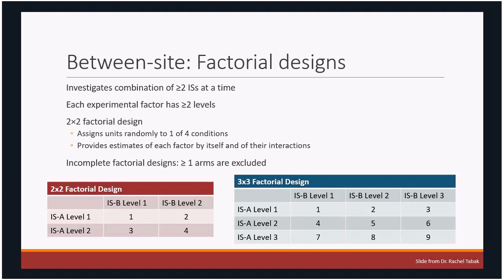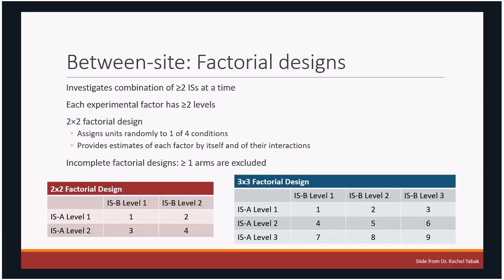What you would do here is put this into a 2x2 or a 3x3 table, depending on how many levels you have. And you would create, in the 2x2 example, 4 unique groups to have each of the combinations of the implementation strategies, and you would randomize sites to one of those 4 conditions.